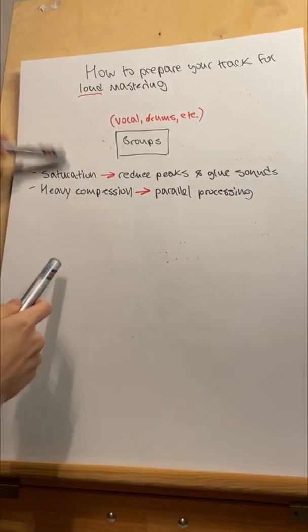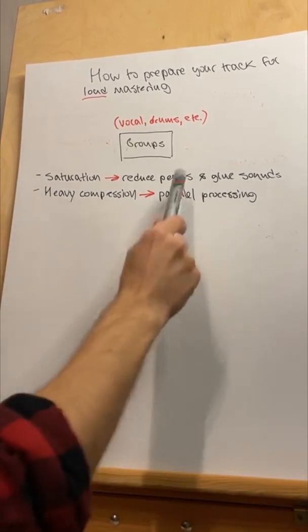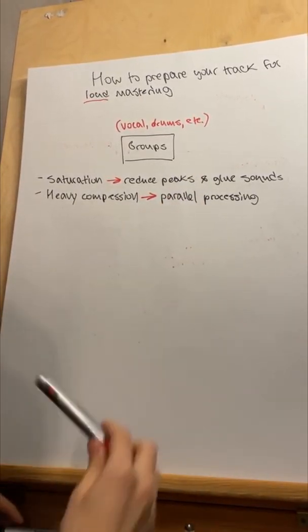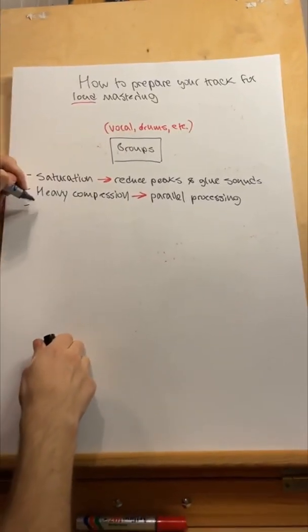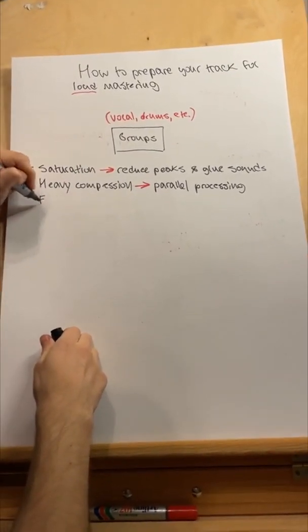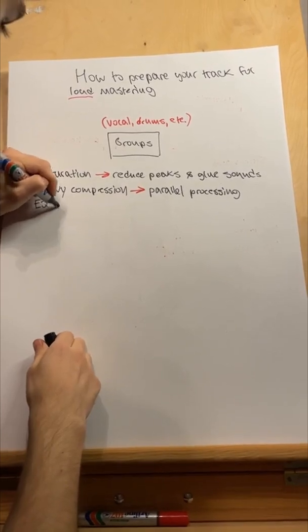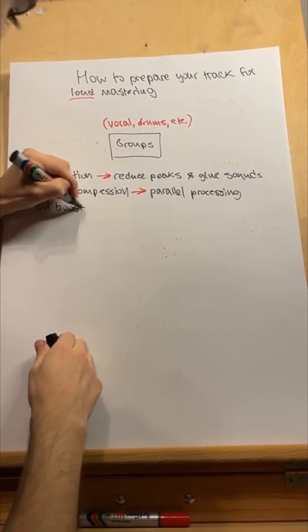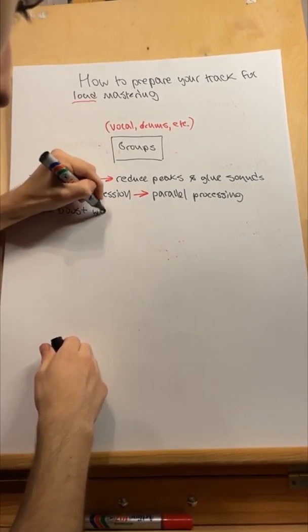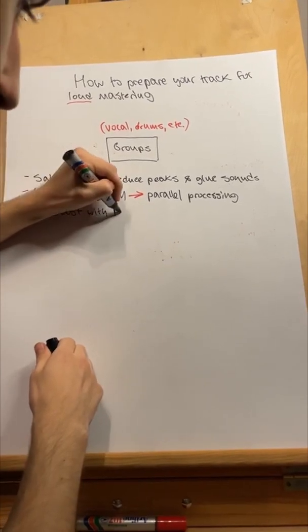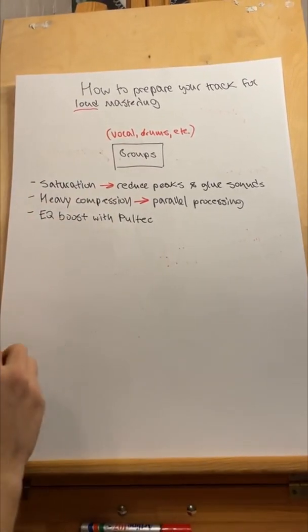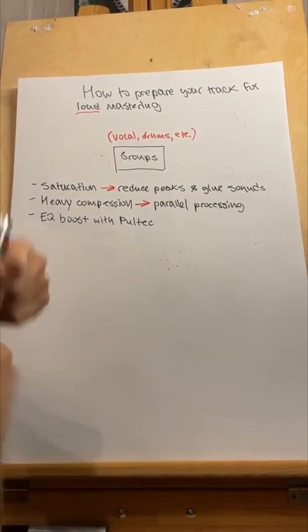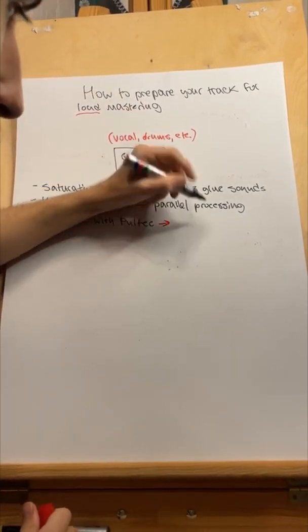After saturation, heavy compression in parallel processing, I do EQ boost with Pultec. Pultec is an EQ, so you can Google for Pultec. And with this one, the purpose is to add power.